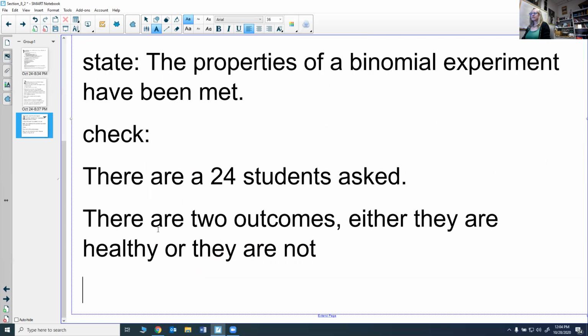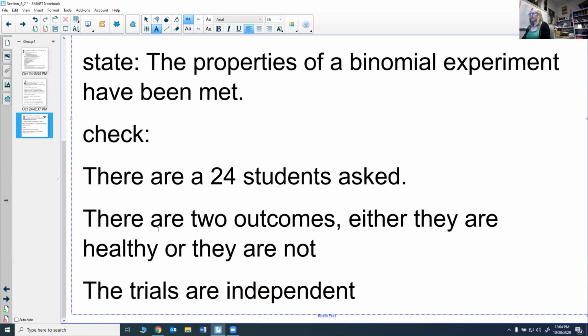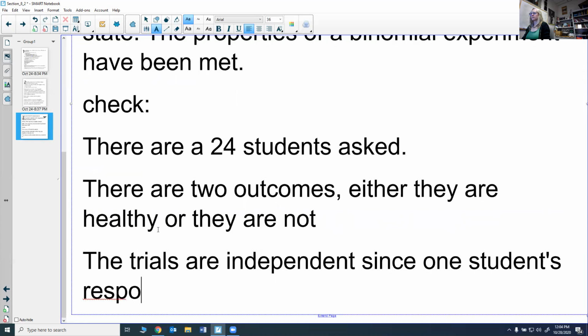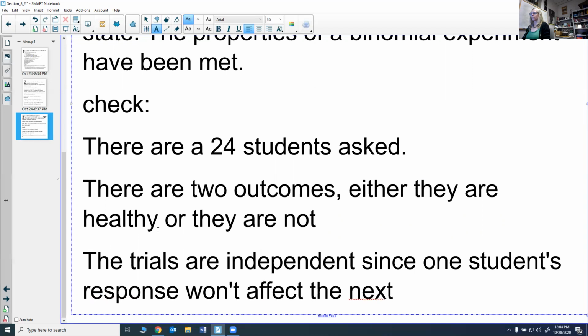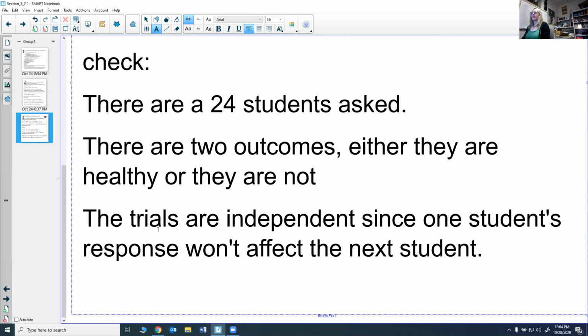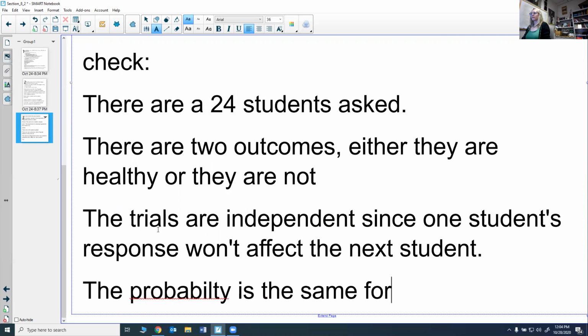The next one is that the trials are independent, since one student's response doesn't affect another. And then the last one is that the probability is the same from trial to trial, from person to person, let's say.